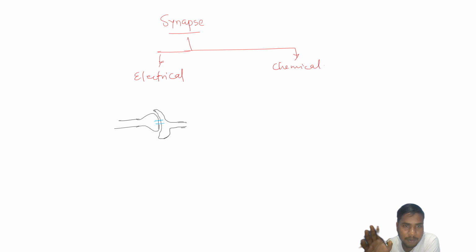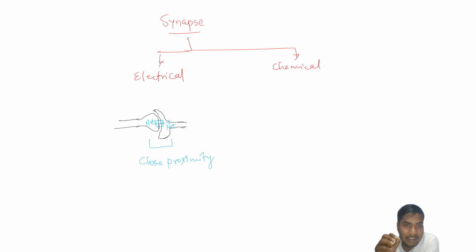You don't have to bother about that; just know that in electrical synapse, the axon and dendron are located very closely and form a channel, and through this channel there is direct flow of ions, sodium ions flowing from the presynaptic neuron to the postsynaptic neuron.